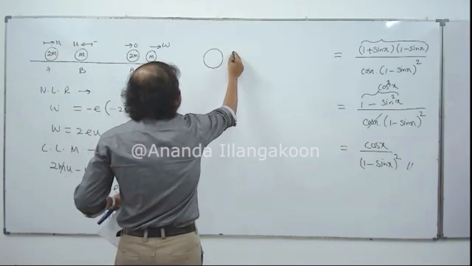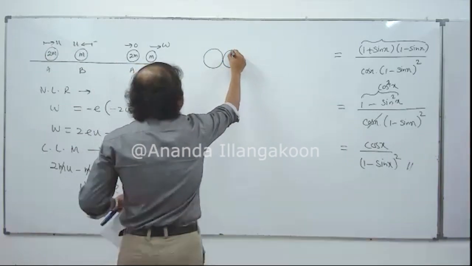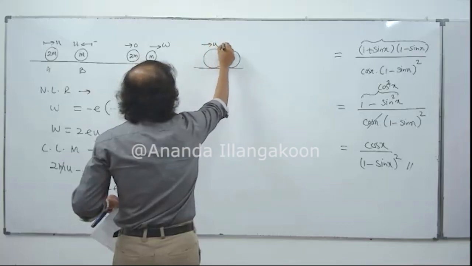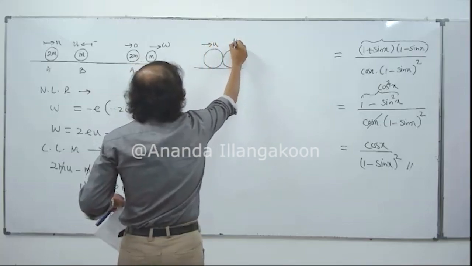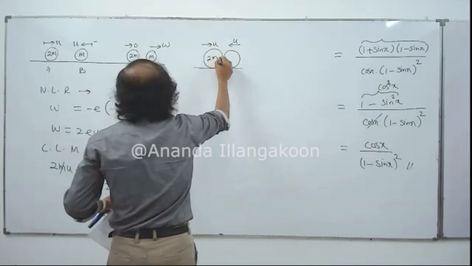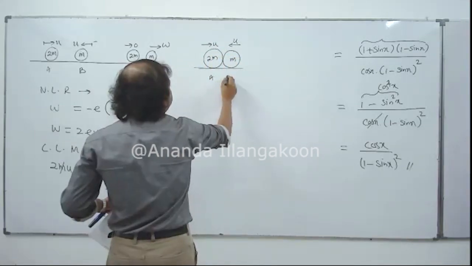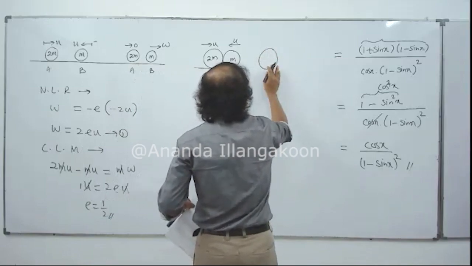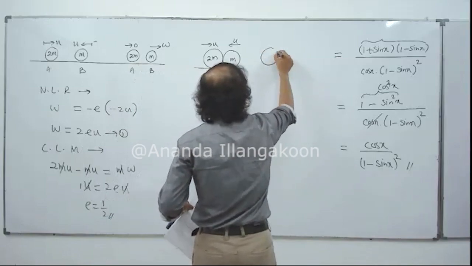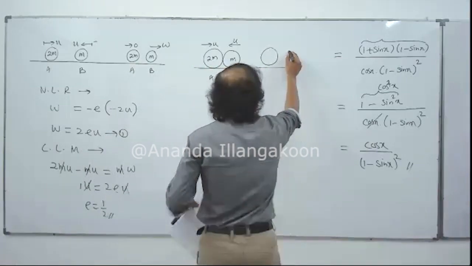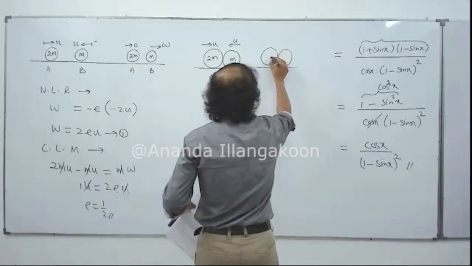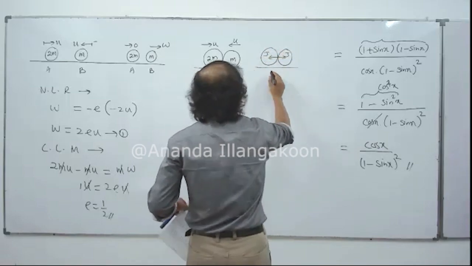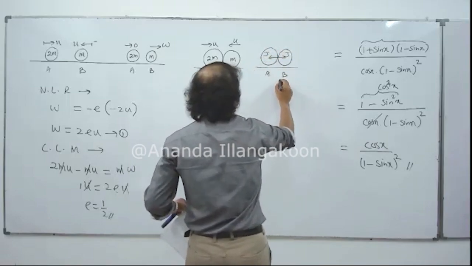I am drawing just before the impact: just before, they move this way, A and B. At that moment, equal and opposite impulsive forces act, suppose J. This is A, this is B.